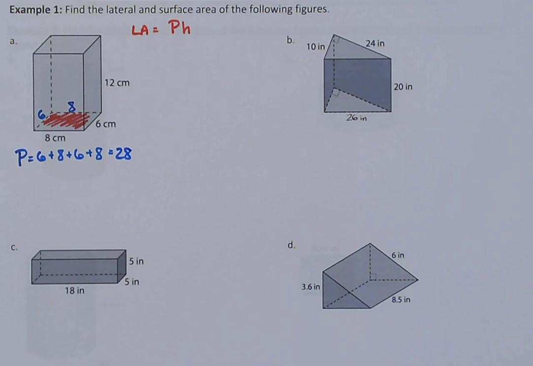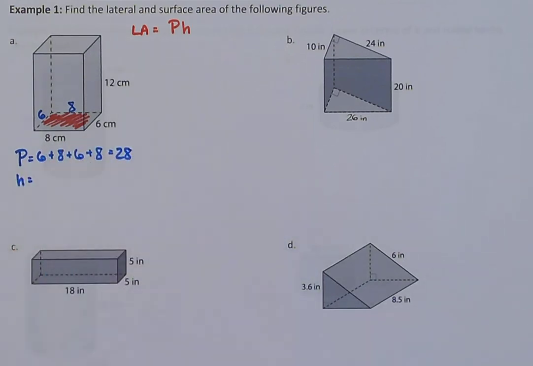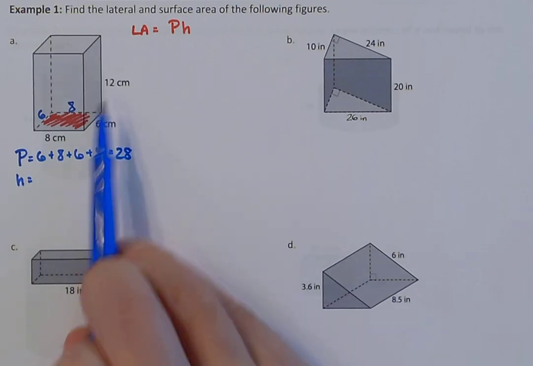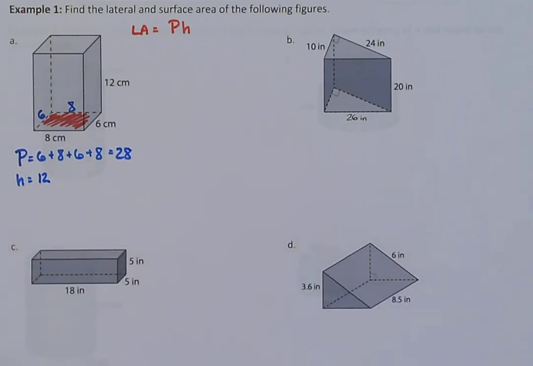So I now know the perimeter of our base. The other thing we need to know is the height of our prism. The height of the prism is going to be this 12 centimeters. So H equals 12. Now that I figured out my perimeter of the base and the height of the prism, we can figure out the lateral area.